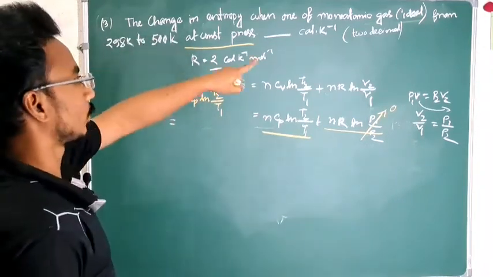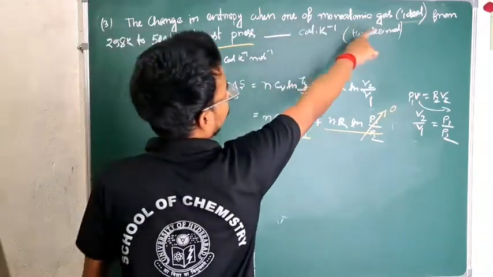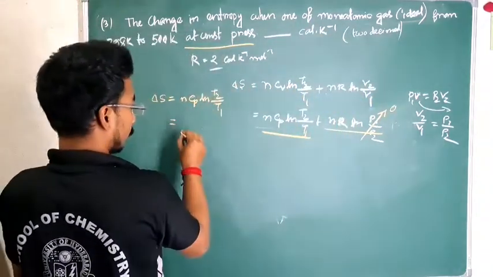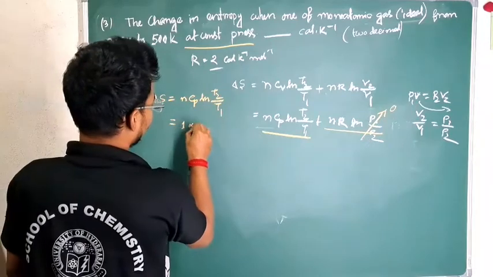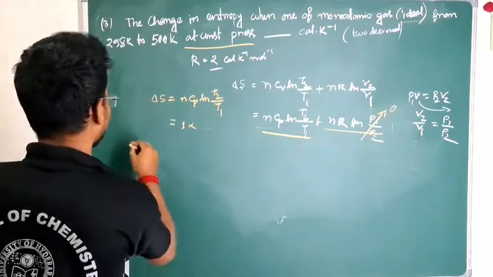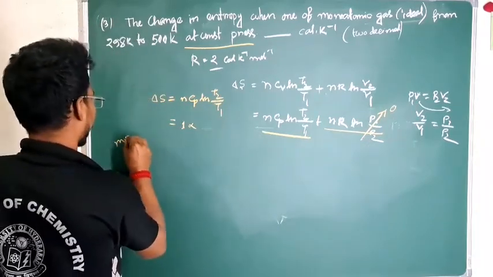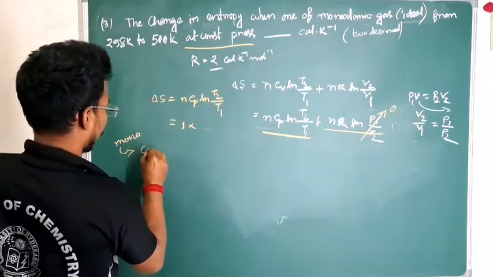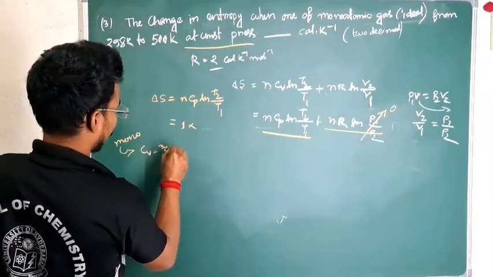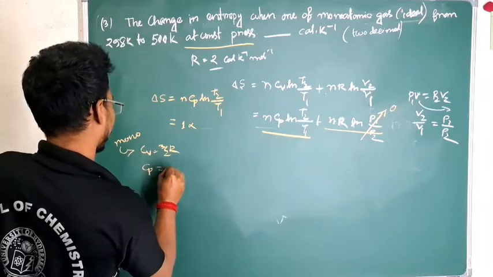They already told that it is 1 mole of monoatomic gas, remember, so 1 into Cp. What is the value for monoatomic gas? Cv equal to 3 by 2R and Cp equal to 5 by 2R.